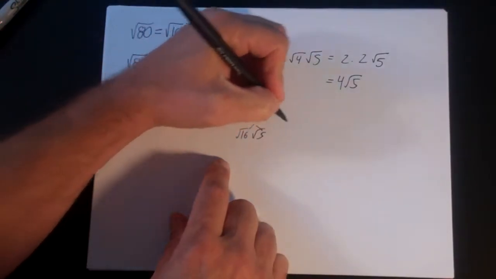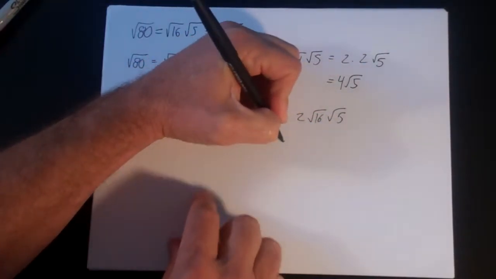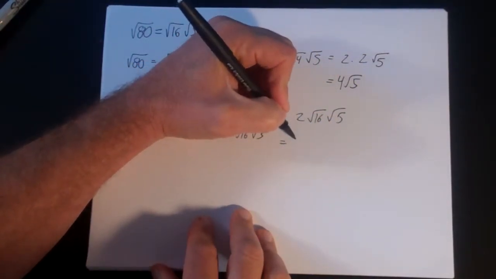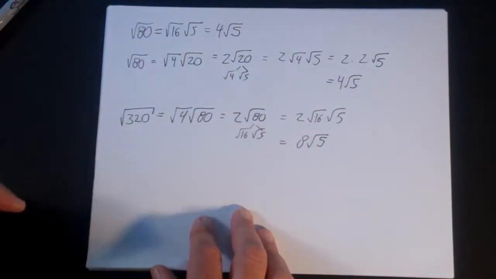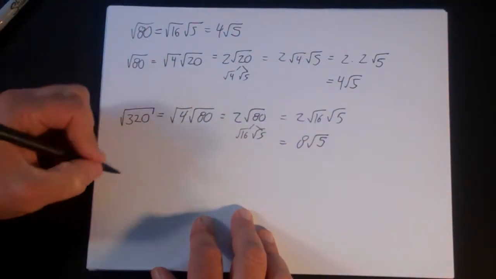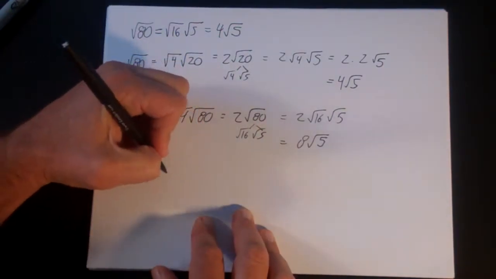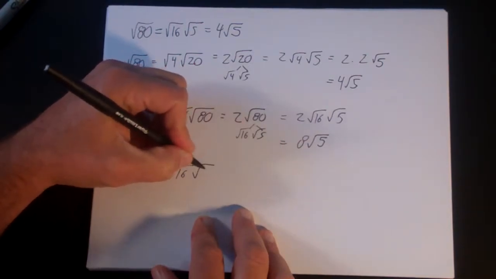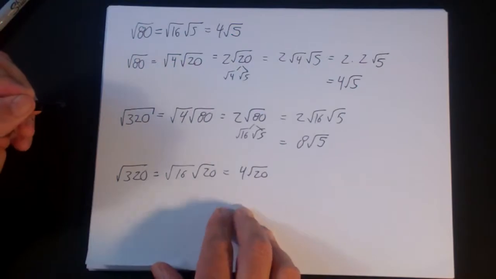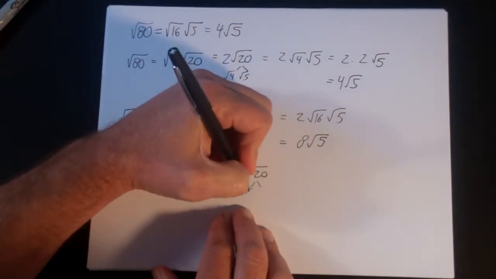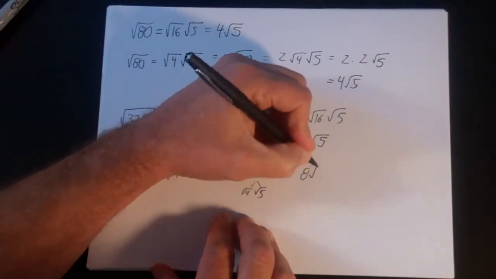If I do it 16 and 5, that's 2 square root of 16 square root of 5. 2 times 4, that's 8 root 5. You would have got the same answer if you noticed that 16 goes into 320. That's 16 and 20, so that's 4 root 20. 4 root 20 becomes 4 and 5 again. That's 8 root 5.